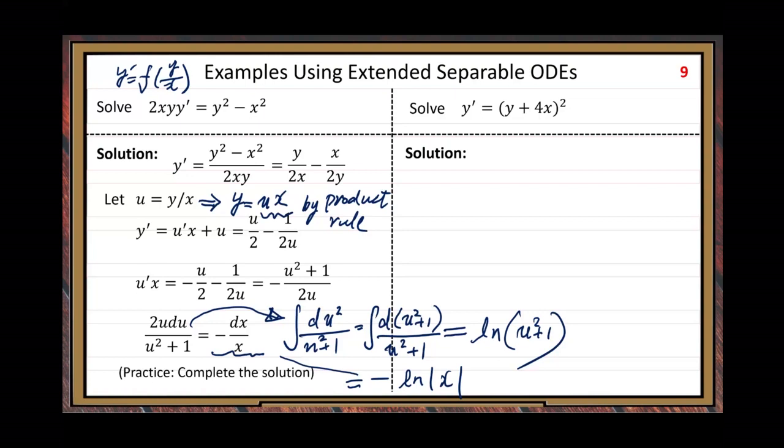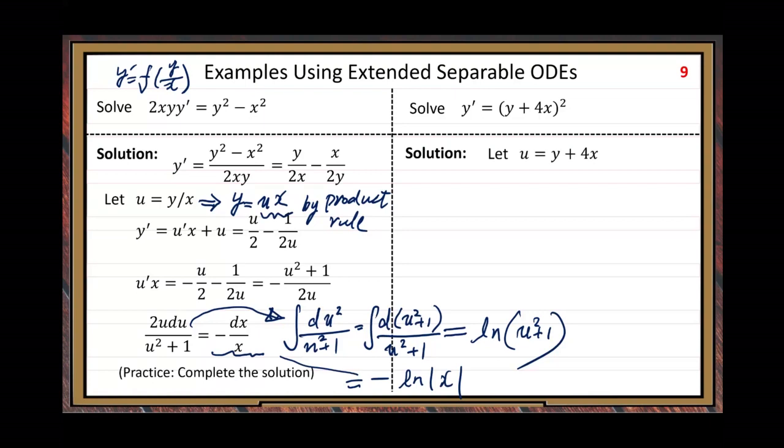So the next thing you consider is how to do an appropriate substitution to make it separable. Do you have an idea how to introduce a new variable to make it separable? A new variable.